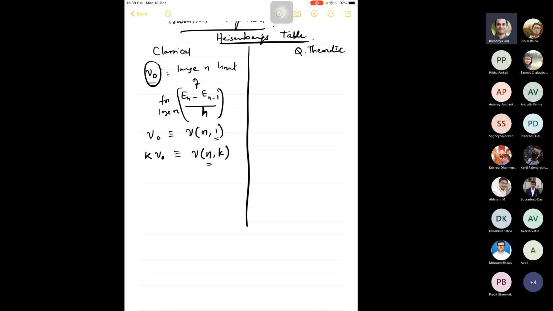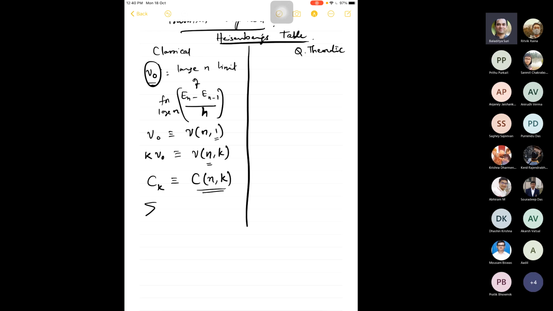Making a transition to n plus or minus k will give you a frequency k times nu naught. This is just a notation, by the way. He's not changing anything. And correspondingly, Ck will now be considered as C n comma k in the same fashion. This is just a notation.